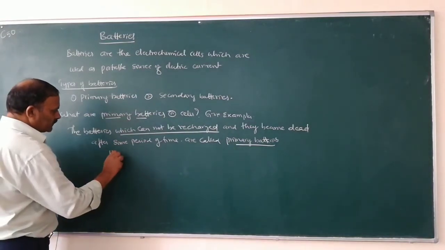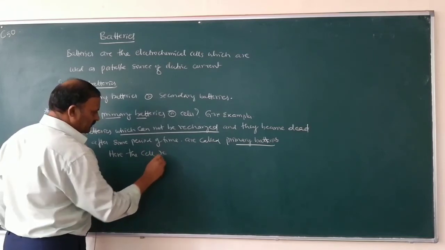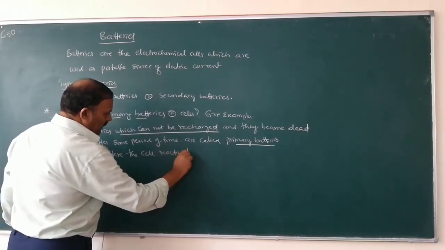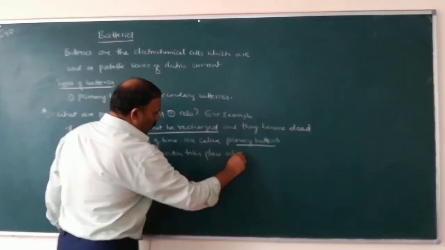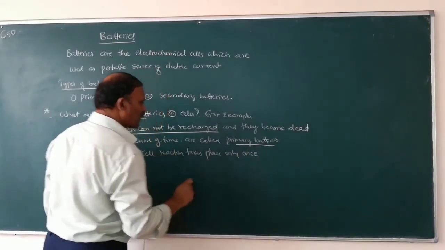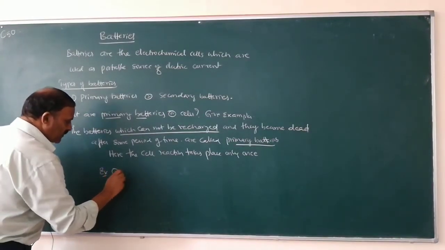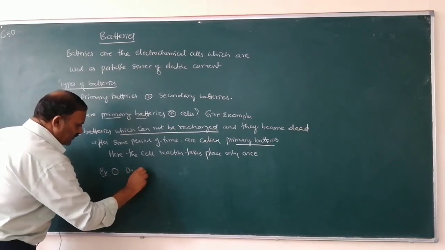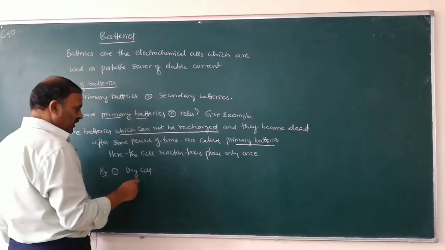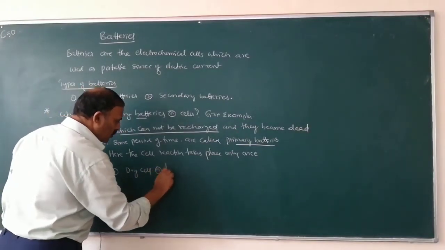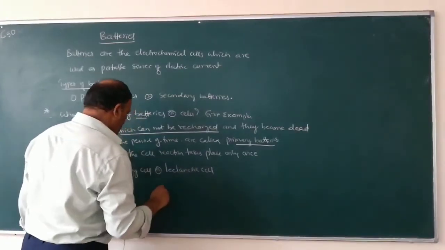Here the cell reaction takes place only once. Examples for primary batteries: the dry cell, used in torches, etc. The dry cell is also called the Leclanché cell.